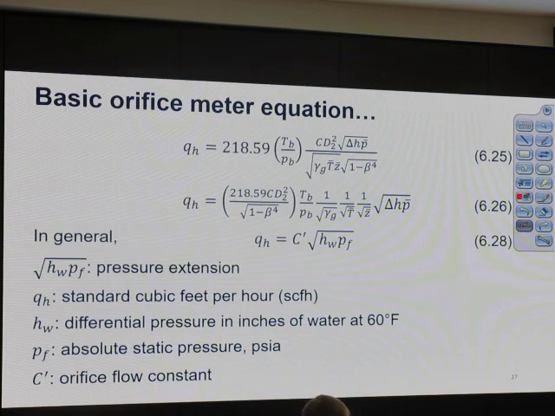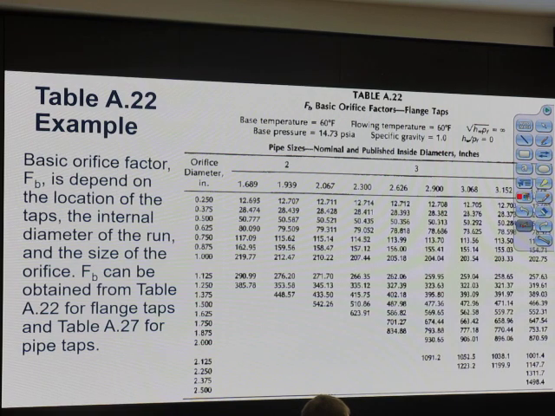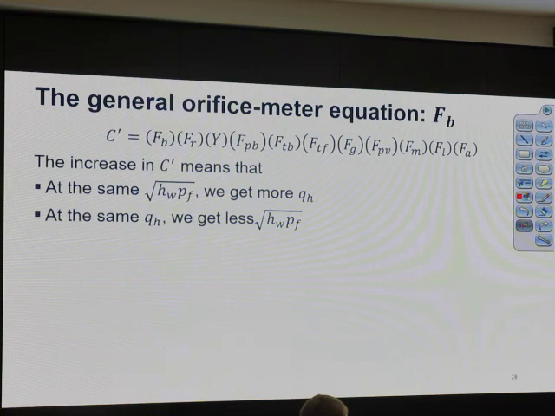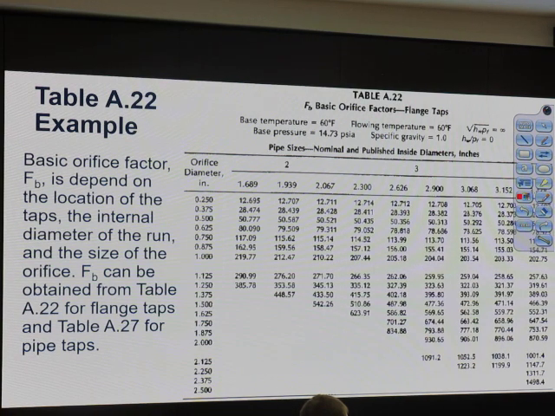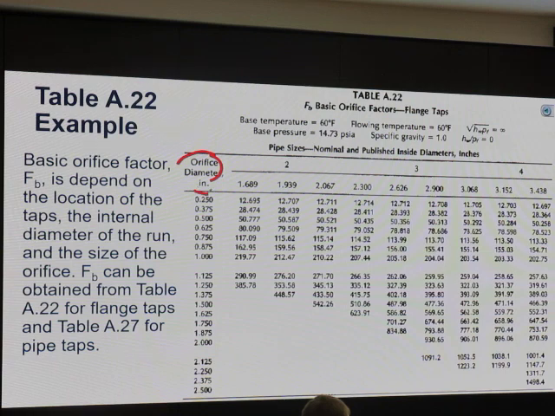Easy, right? So where are all the tables for all of those constants in C prime? Not all tables are given here. All the table data will be in the homework and the exam as needed. The tables will come from ICOCU. Let's go through each variable. We have F sub B. How do we read F sub B? I need to know the orifice diameter in inches.